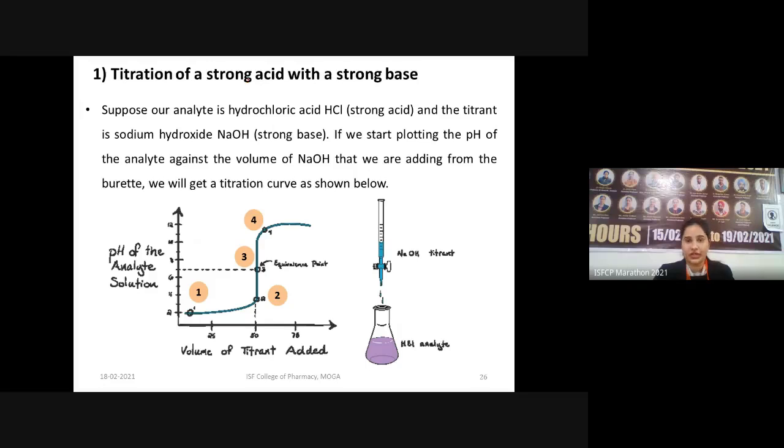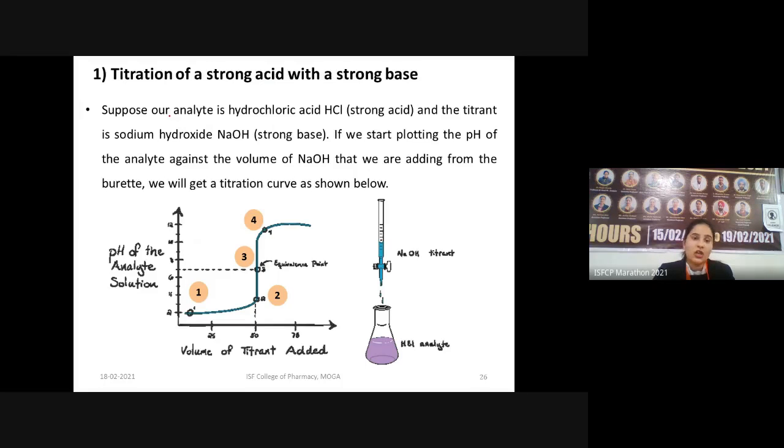So both the acid and base are going to be strong. Strong acid can be any strong acid, for example HCl, and strong base can be any strong base like sodium hydroxide. So here we have taken the strong acid as HCl and the strong base as sodium hydroxide.